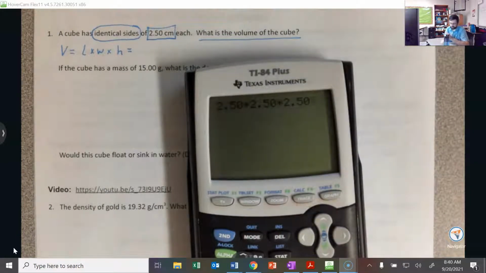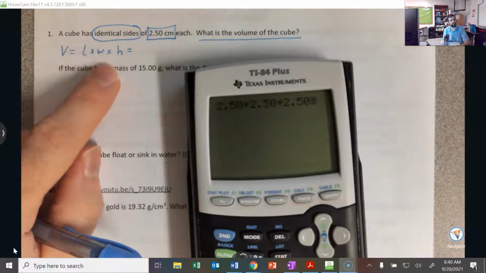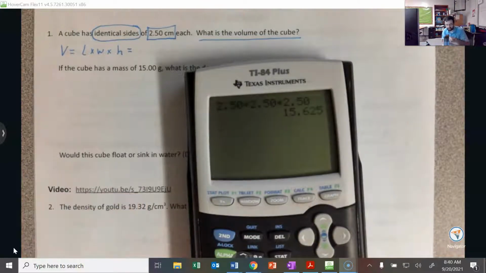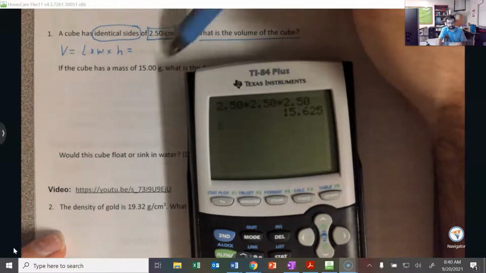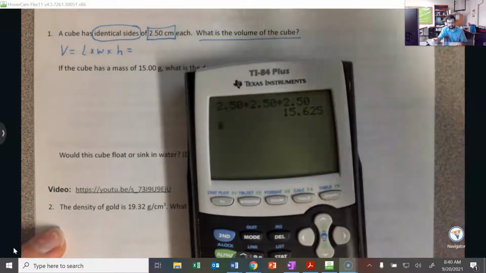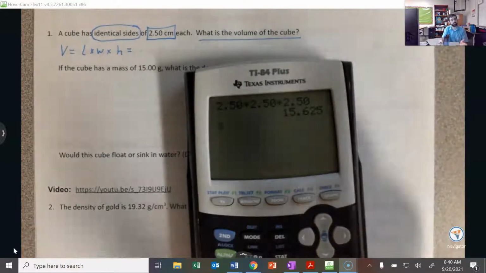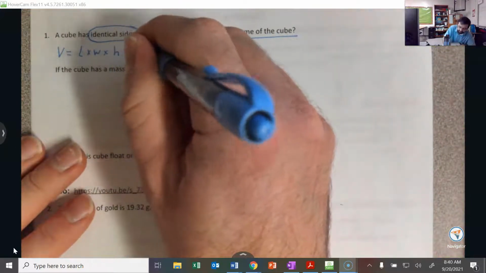That would work just the same way, but if you feel more comfortable, just always do length times width times height so that whether they're the same number or not, you'll always get the right answer. I get this answer. I want to round it to 3 significant figures because I'm multiplying and I want to keep the least number of significant figures. So that's 15.6. Centimeters times centimeters times centimeters would be centimeters cubed. 15.6 centimeters cubed.